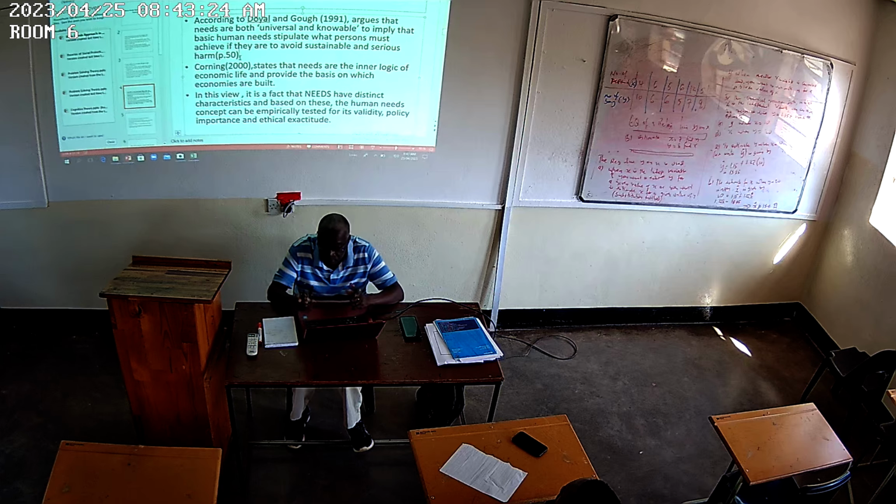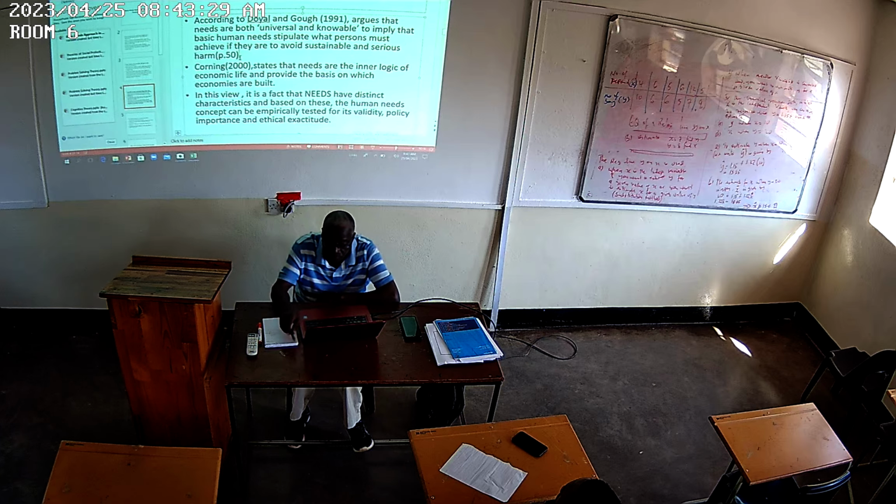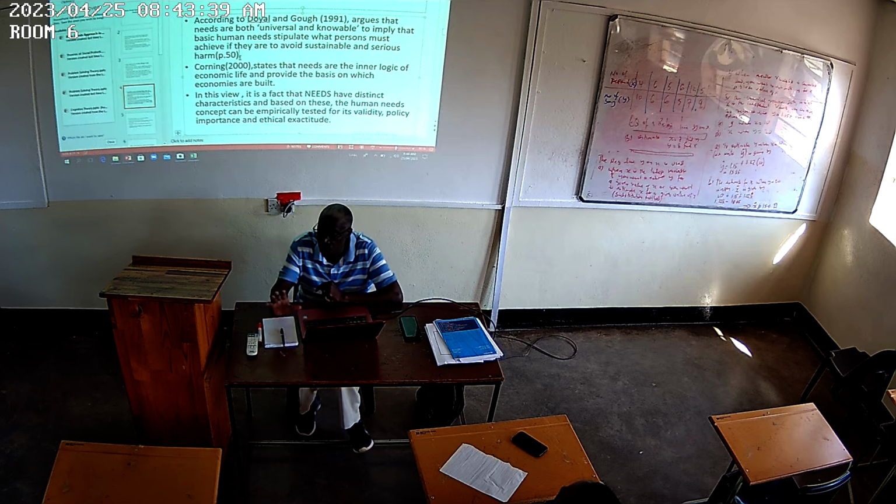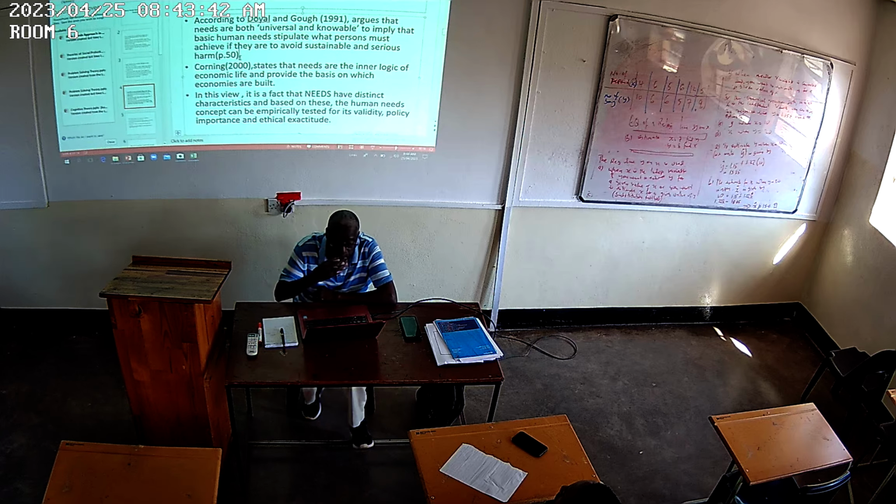It's not possible, right? So you can see the type of dialogue that we're trying to have here. So indeed, basic needs will define what our levels of protection are, our poverty are, and also what types of interventions in terms of social protection systems we can bring about to address that issue. All right.